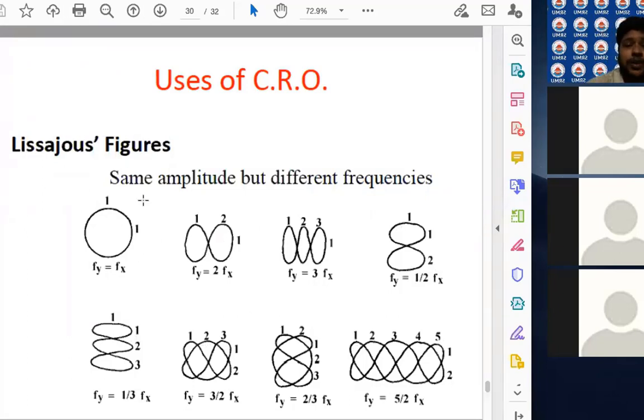So the condition is amplitude is same and frequency different. There are two signals applied on X plate and Y plate, and their frequency is different, but their amplitude is same. So for this situation, we will have this kind of patterns.